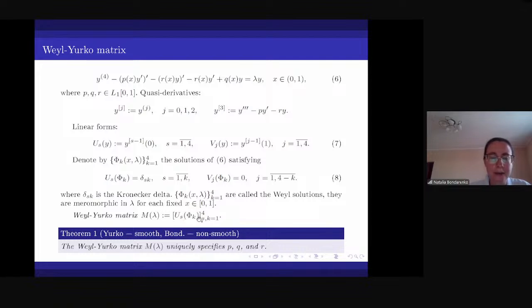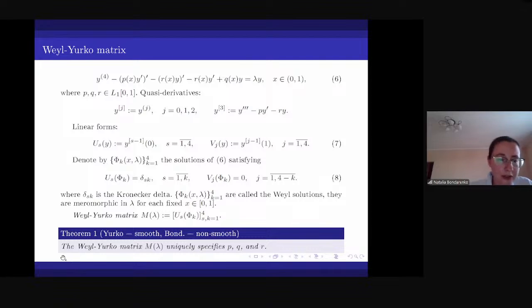Let us consider the matrix. Actually, it's a fundamental matrix formed of these solutions at x equals 0, and denote it by M of lambda. This matrix is of size 4 by 4, and it's called the Weyl-Yurko matrix.